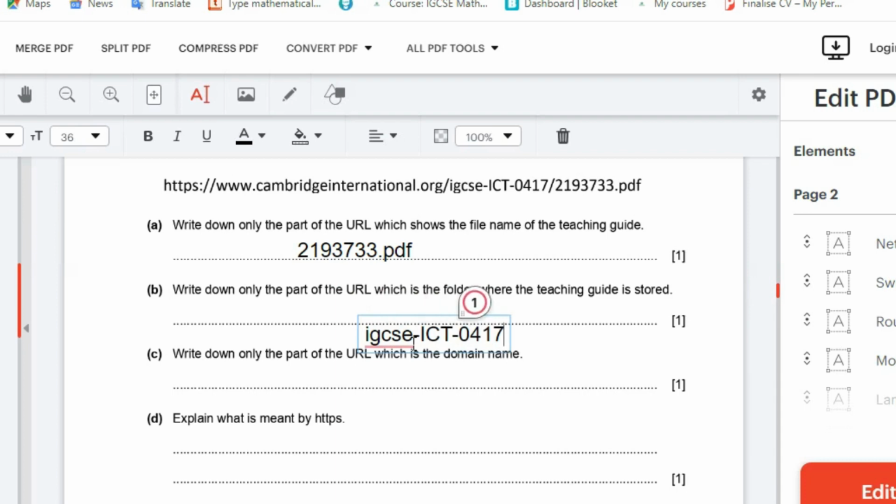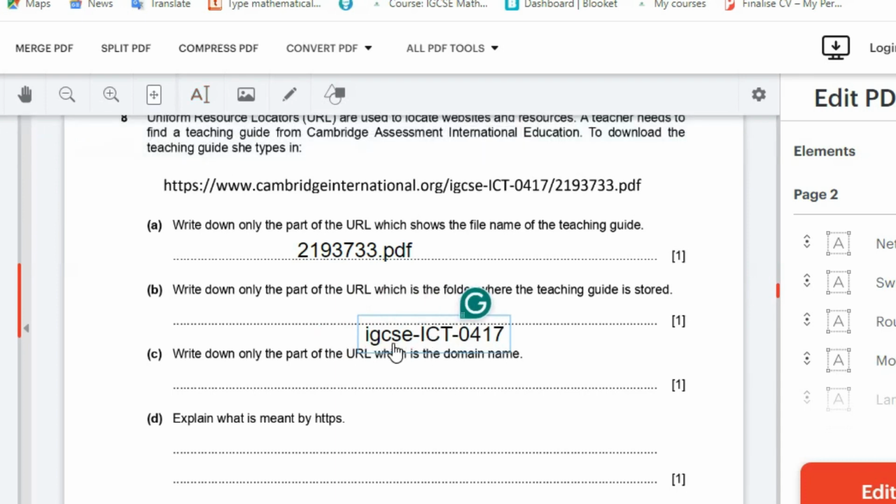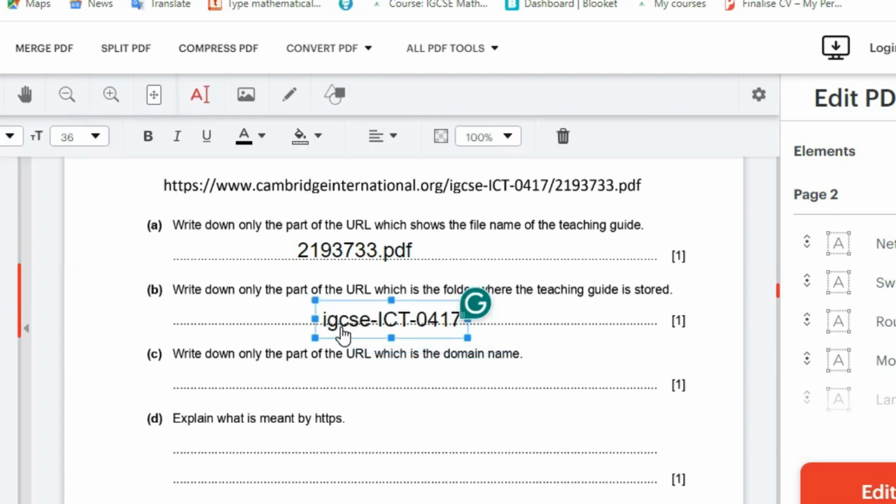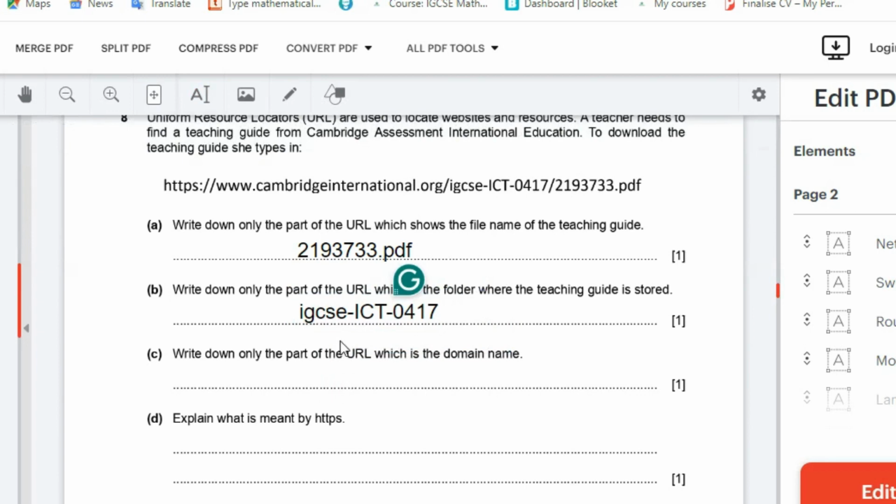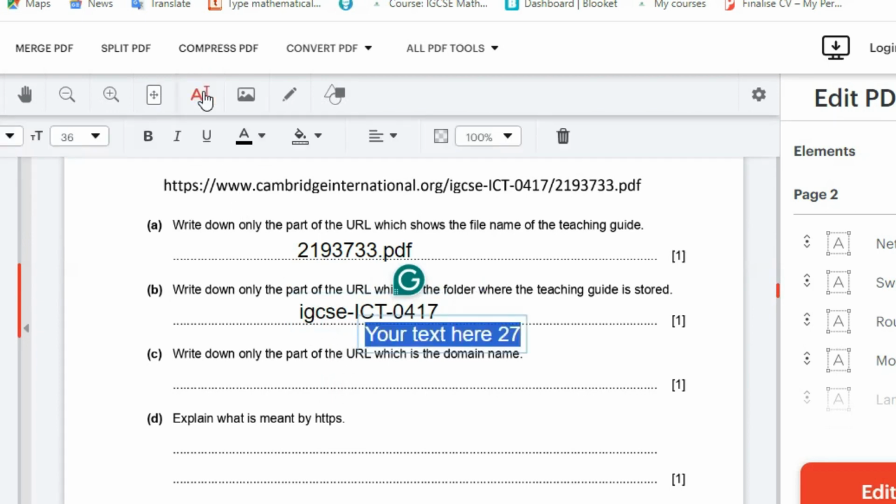All right. Do we get it? Okay. So now the next question says, write down only the part of the URL which is the domain name. We all understand what we call the domain name, right? The domain name is the website name.